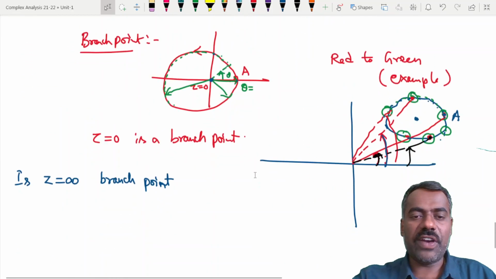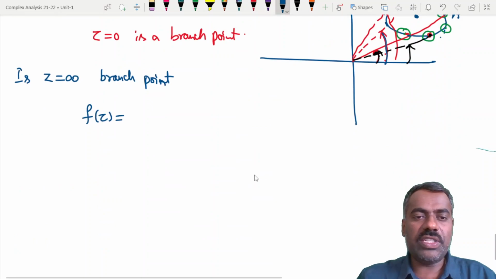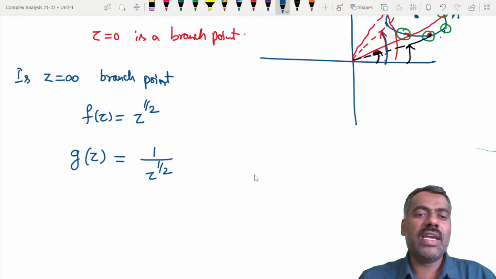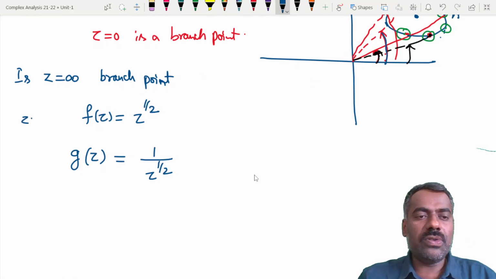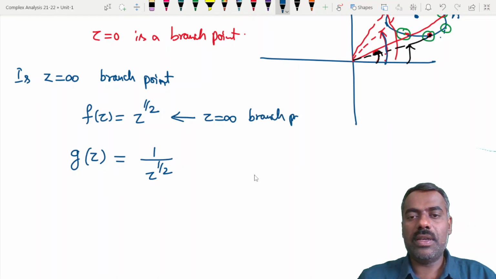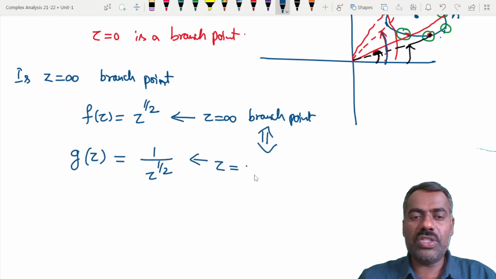So now for this function f of z, which is equal to z power half, if we want to know the behavior of this function at z is equal to infinity, you define a new function g of z, which is 1 by z power half. Then z is equal to infinity is a branch point for f of z if and only if z is equal to 0 is a branch point for this function.